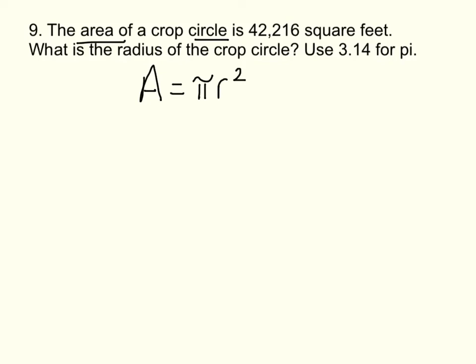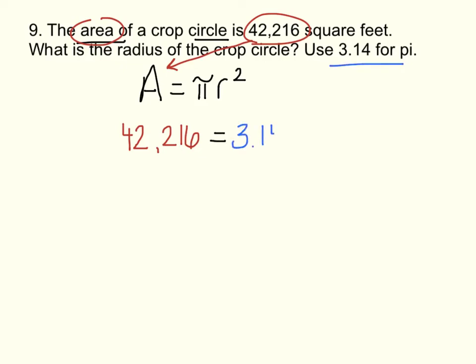A is area, r is radius. The area is 42,216, so that gets plugged in for the area. 42,216 equals, and then pi is 3.14, so 3.14 r squared.